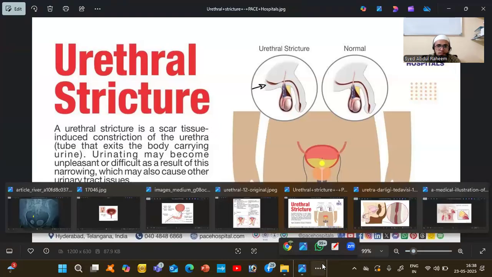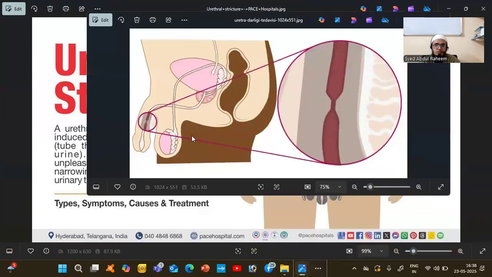I can see in this image also the urethral stricture. This is a structure like a knot, just like a knot. Blockage happens, like you have this type of problem. Okay, so this is urethral stricture. This is the most common disease.